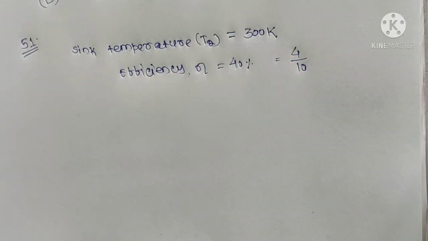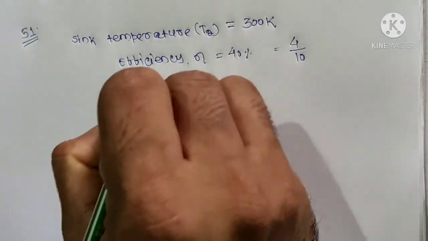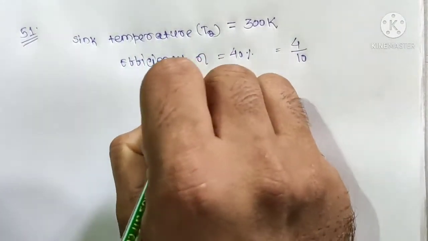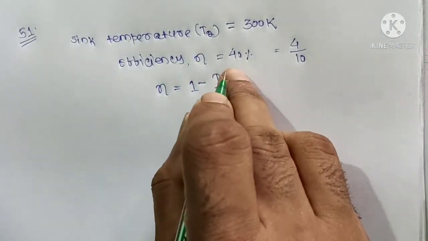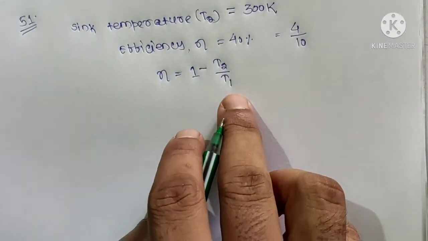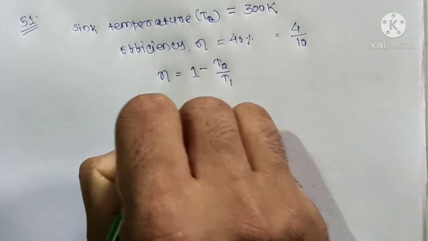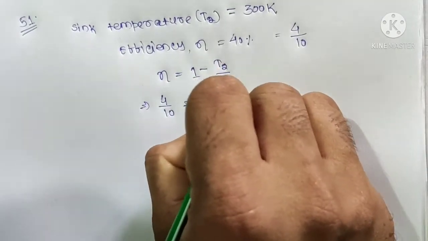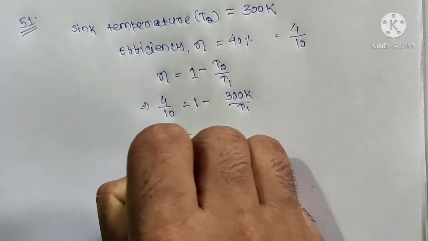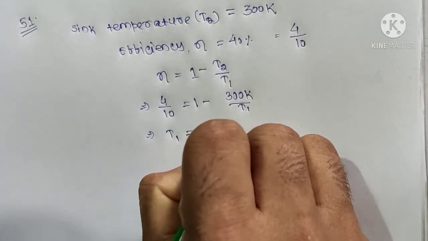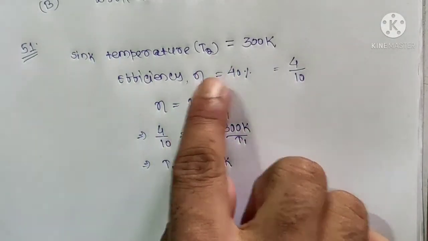Okay, so from this efficiency we can calculate the source temperature. We know that efficiency equal to 1 minus T2 by T1. T2 is the temperature of the sink and T1 is the temperature of the source. So 4 by 10 equal to 1 minus 300 Kelvin by T1. Now calculate it, you will get T1 will be 500 Kelvin. So for this T2 and T1 efficiency is 4 by 10.